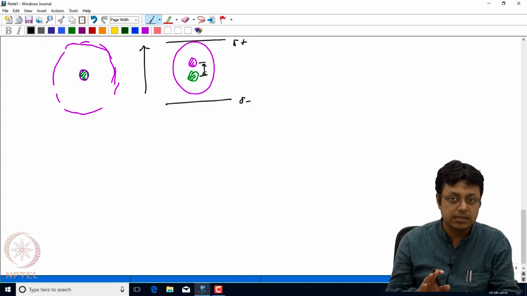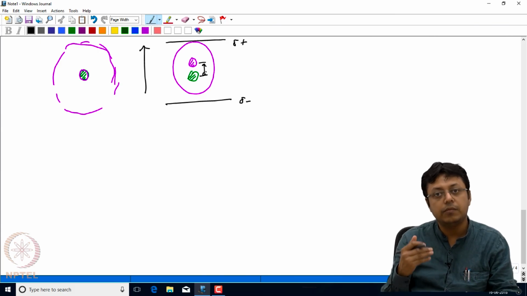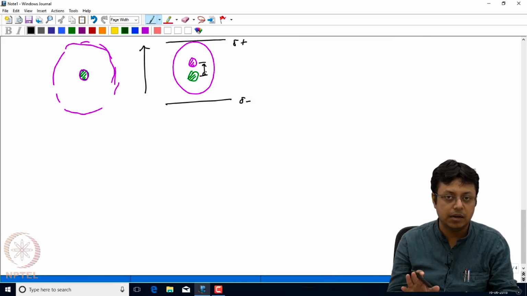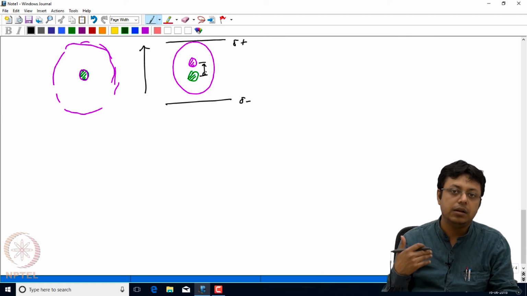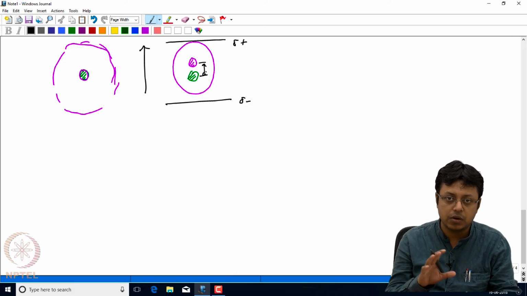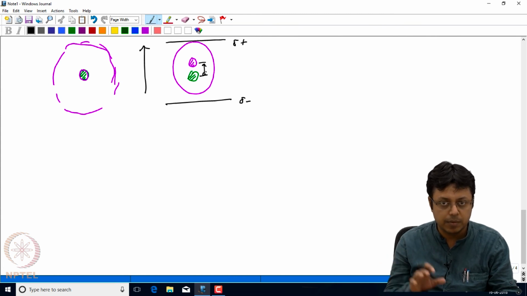Since atoms and molecules have electrons and nuclei, whenever we apply an electric field we usually consider the electric dipole moment. Similarly, we can also talk about the magnetic dipole moment, where we apply an external magnetic field, but we are not talking about that right now. We will only focus on the electric dipole moment.